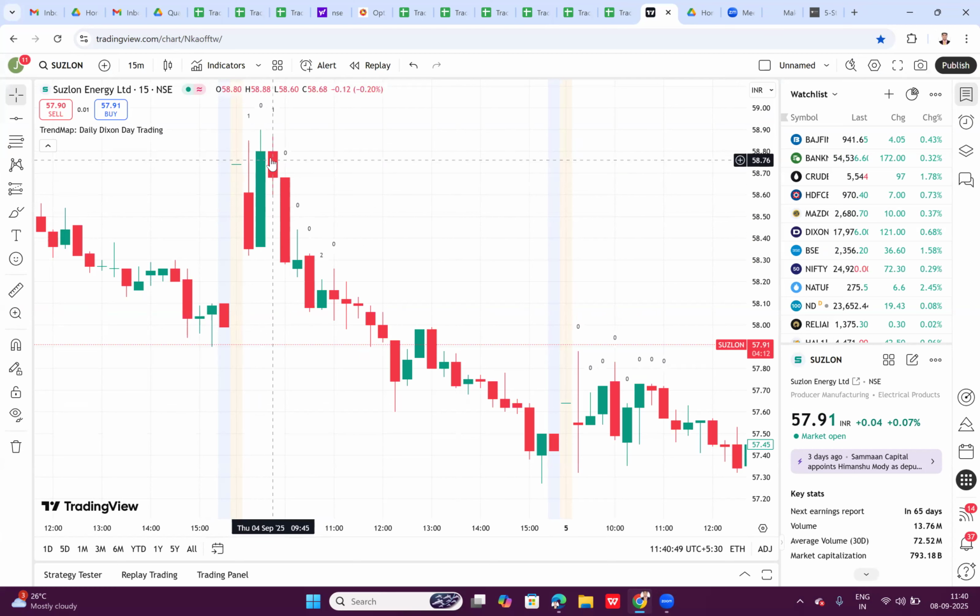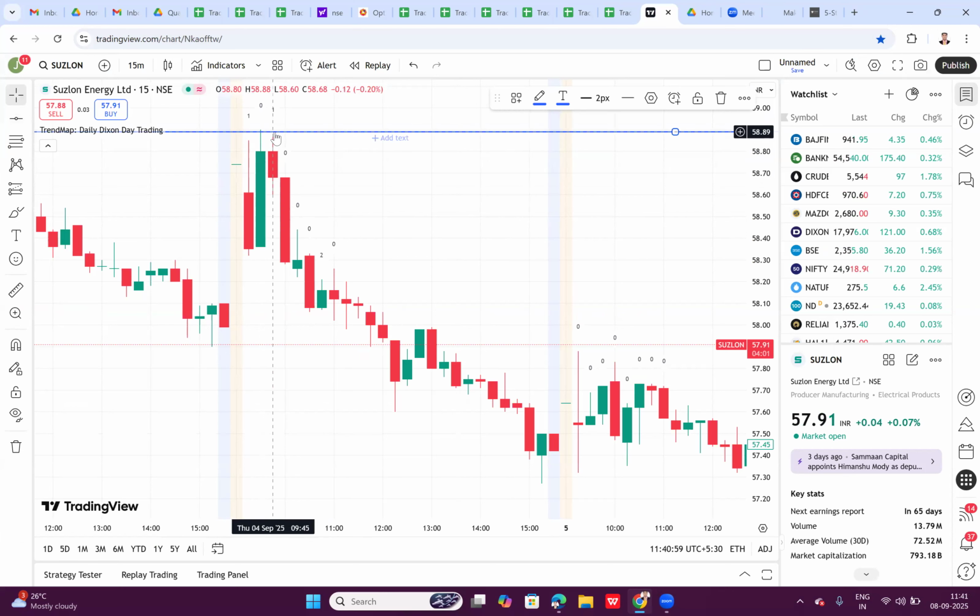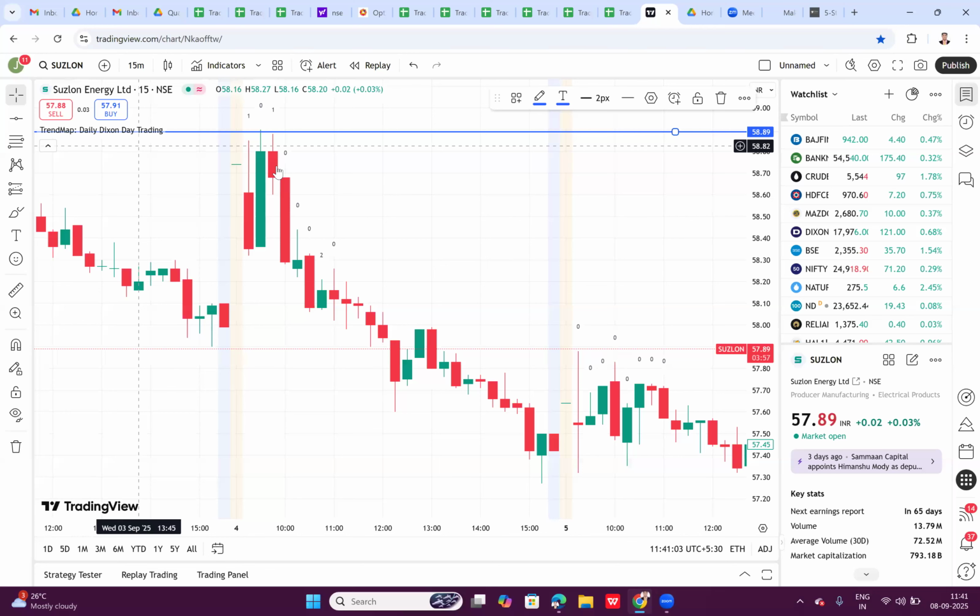After the 0 candle we got 1, meaning we got 0+1 on the second and third candles. On the second candle 0 was available, on the third candle 1 was available, meaning we have to place an order above this 1 candle. We got a 0+1 setup, but entry was not executed as per this 0+1 setup.